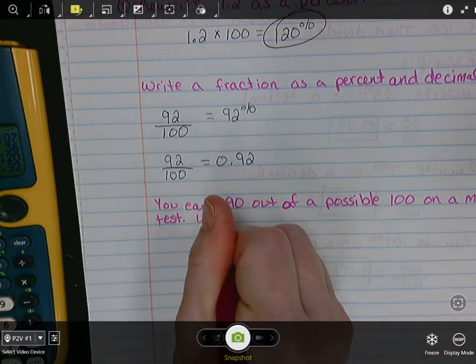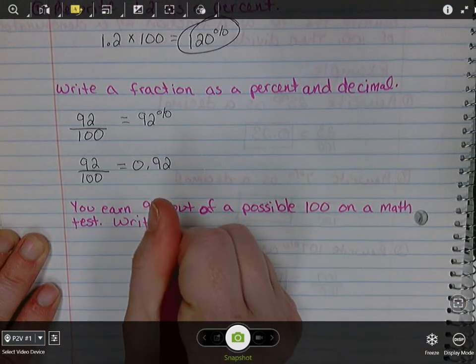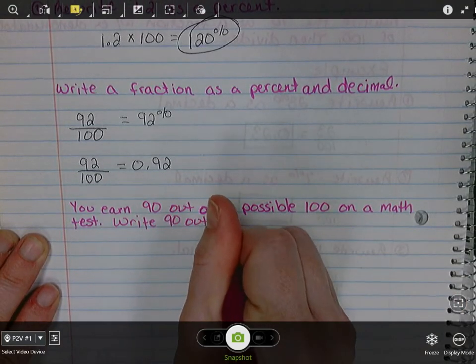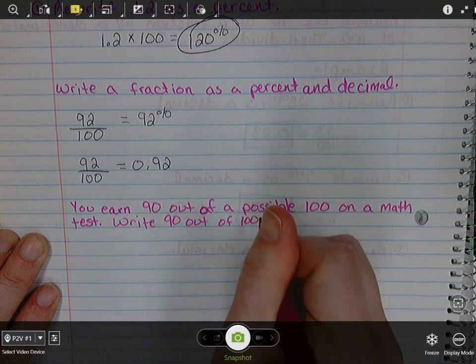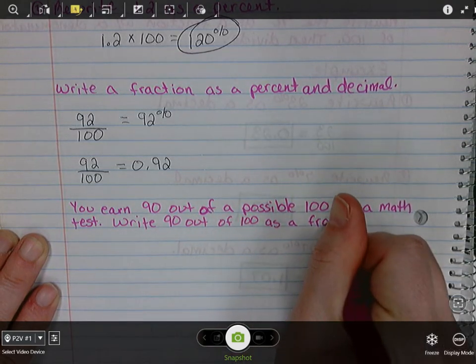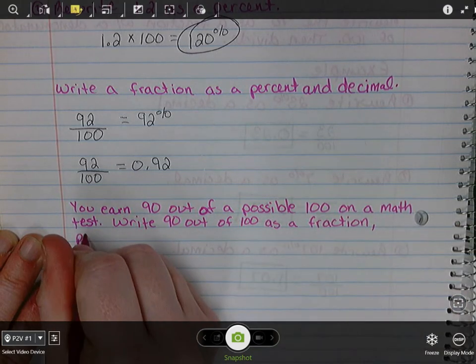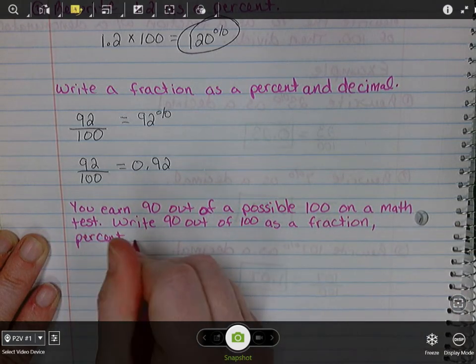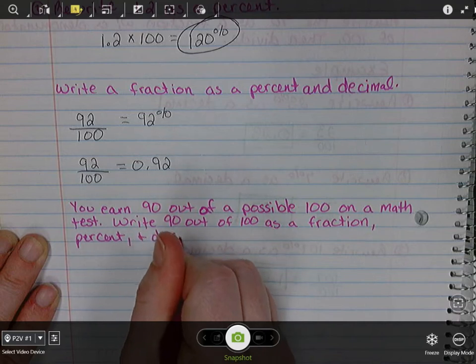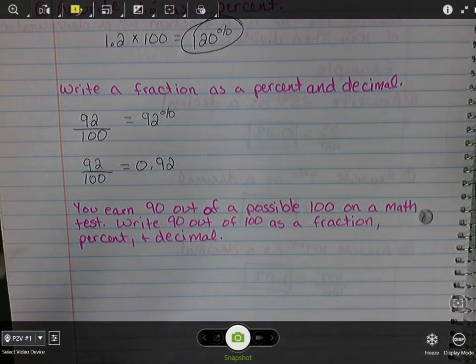Write 90 out of 100 as a fraction, percent, and decimal. Okay. All right, so to do that, first thing you do, 90 out of 100.